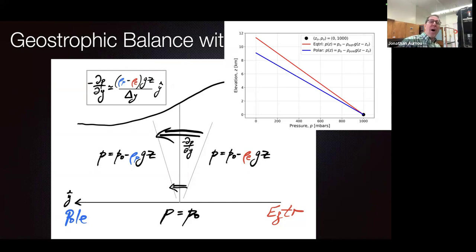And that's pointed in y. So rho p is higher than rho e, so that's positive. G is a positive constant. So this pressure force is pointing in y towards the pole, and it's simply varying with z.